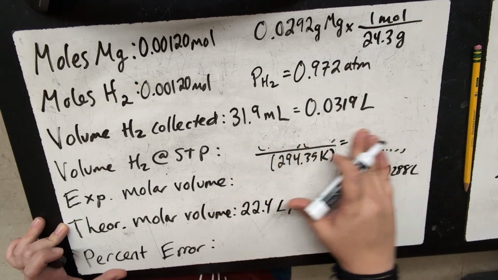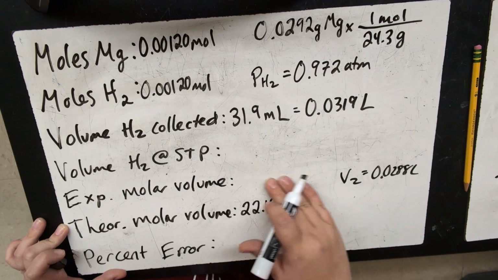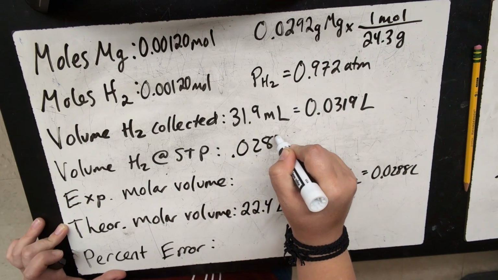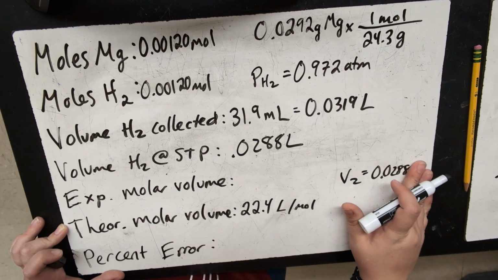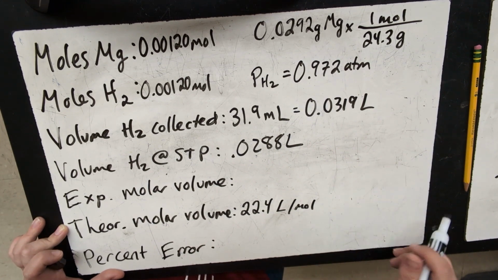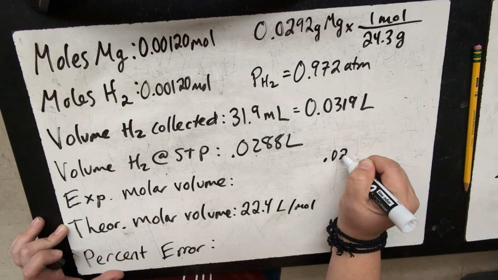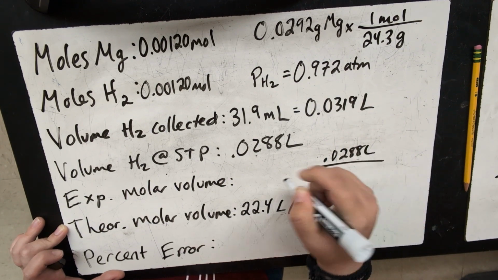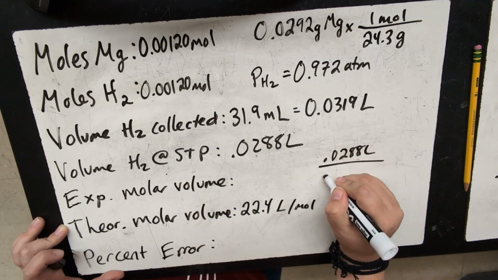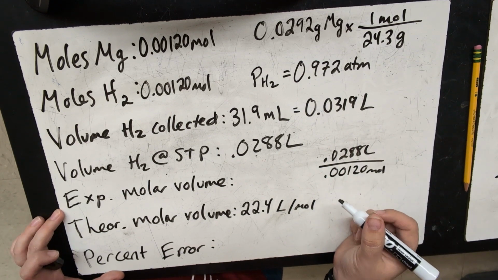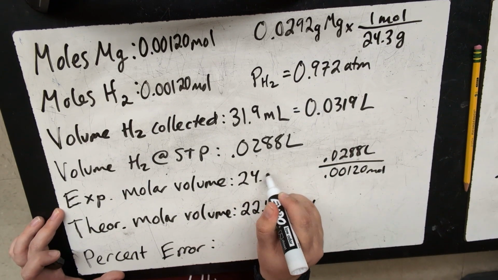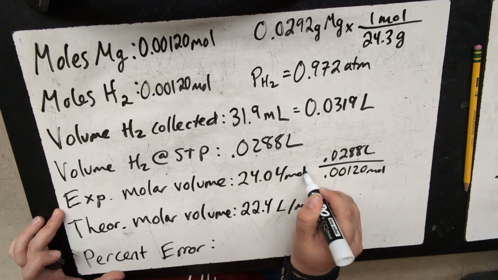I'm going to move this away so we can record this properly. 0.0288 liters at STP. Now to find the molar volume, you need to take the liters that we just found and divide by the moles of hydrogen that we had. 0.00120 moles, and to get our experimental molar volume was 24.0 liters per mole.